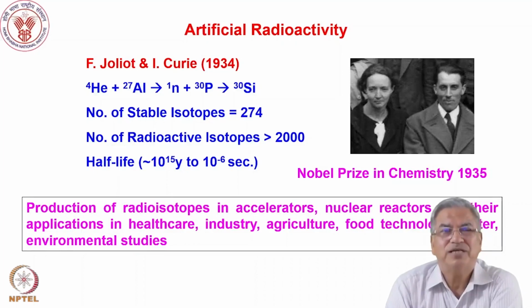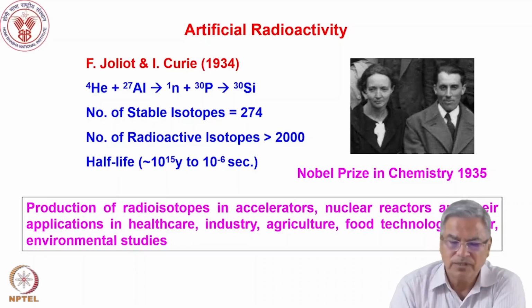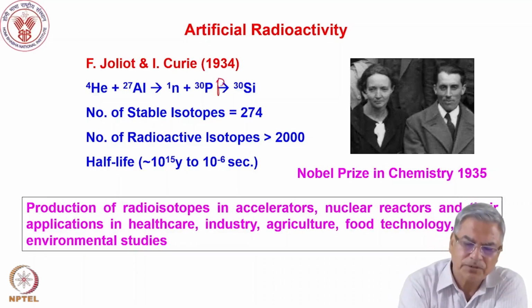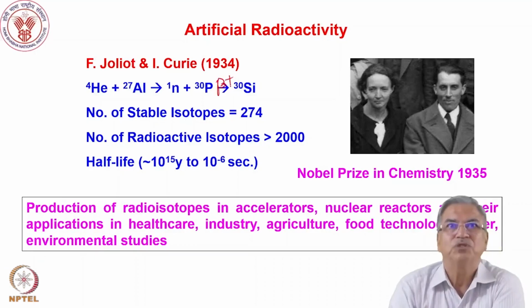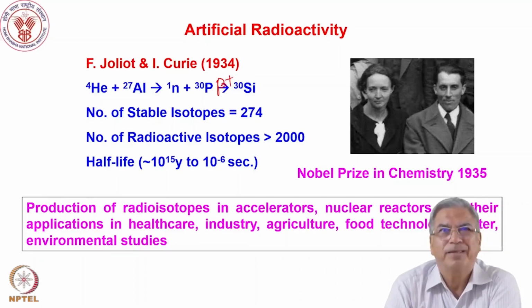Now, the reaction that they used was bombardment of aluminum 27 with alpha particles, giving rise to a neutron and phosphorus 30. And this phosphorus 30 undergoes beta plus decay to sulfur 30. Now, I will tell you the story. A very interesting story here is that the same reaction was used by Chadwick for the discovery of the neutron.